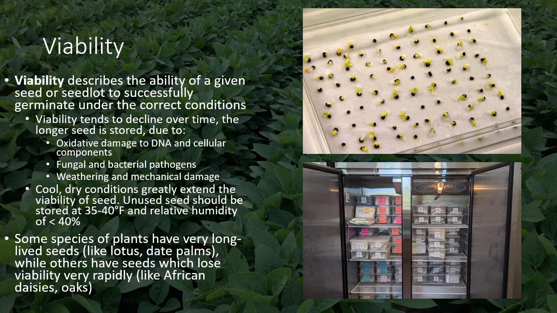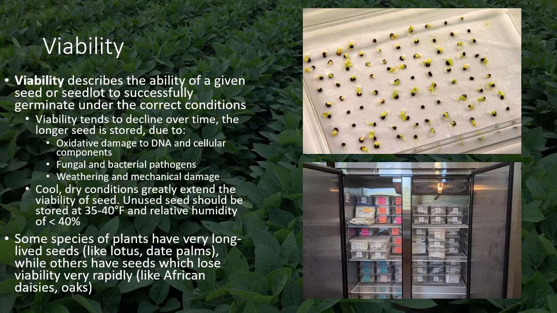Viability tends to decline over time, the longer your seed is stored. So it's always a good idea to use fresh seed anytime you want to start a horticultural crop. And the older your seed is, the lower the viability of each individual seed is likely to become, and your entire seed lot or batch of seed is also going to decline.